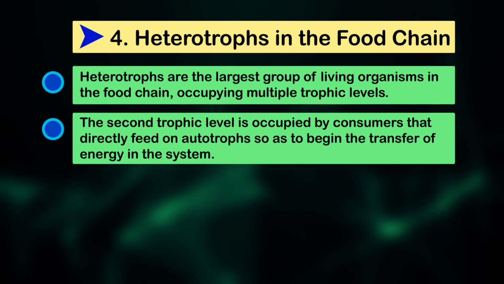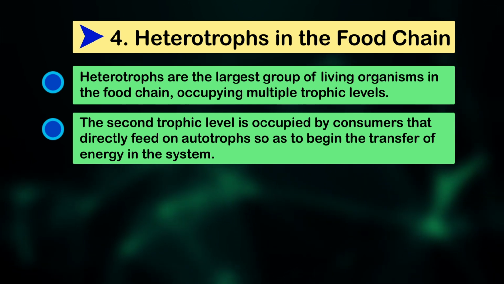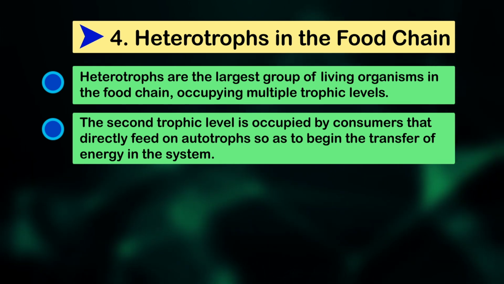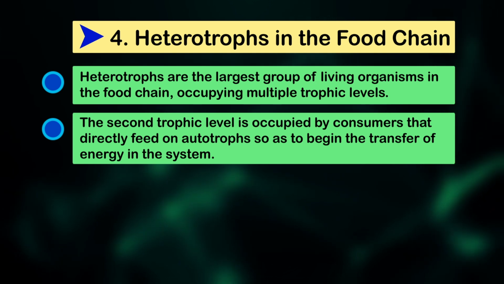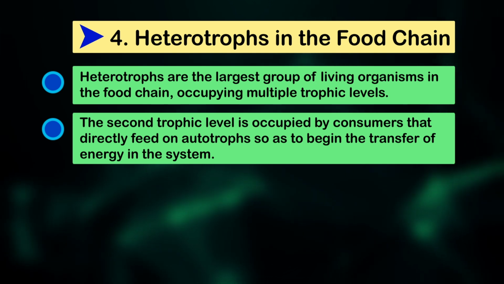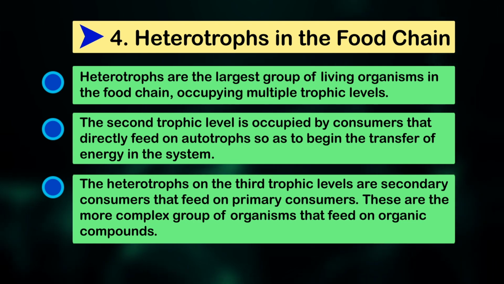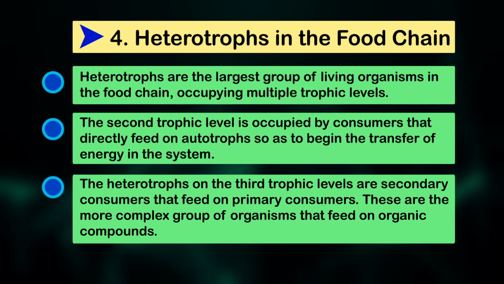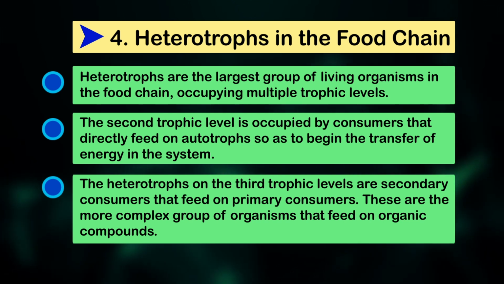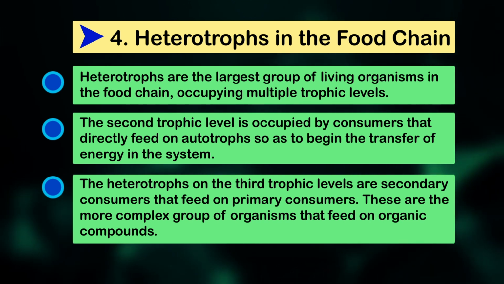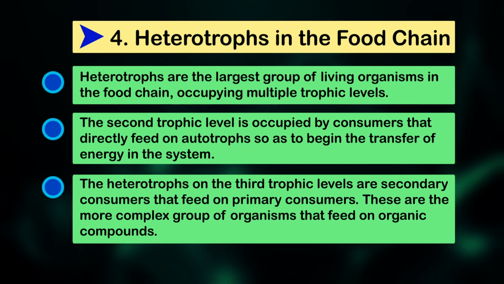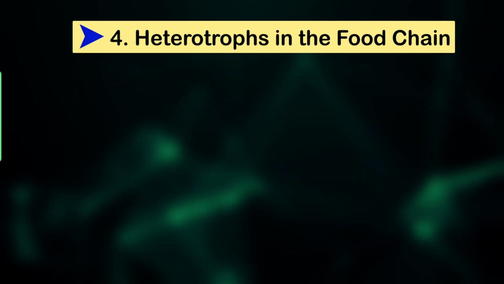The second trophic level is occupied by consumers that directly feed on autotrophs so as to begin the transfer of energy in the system. The heterotrophs on the third trophic level are secondary consumers that feed on primary consumers. Okay. So, these are basically a more complex group of organisms that feed on organic compounds.